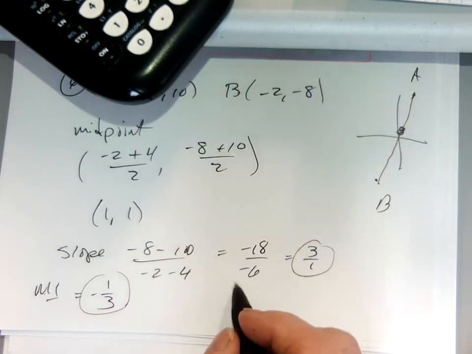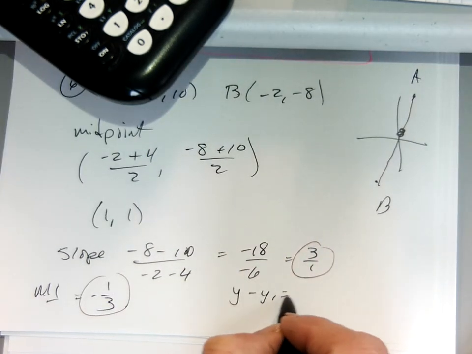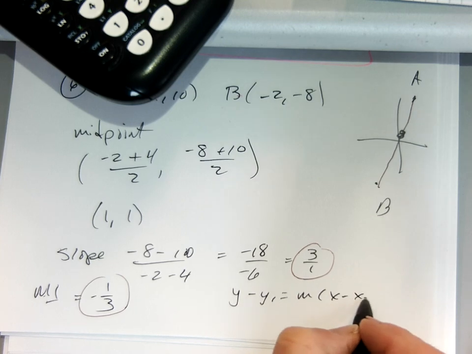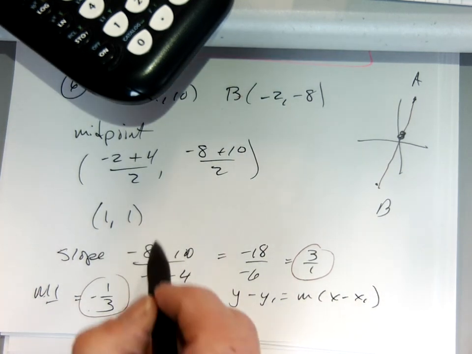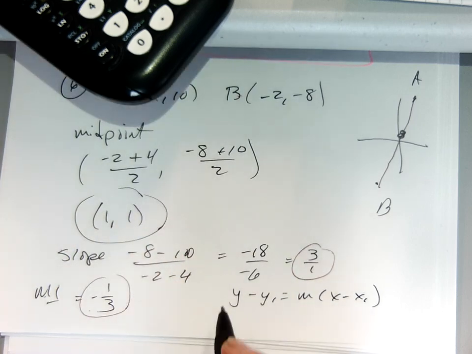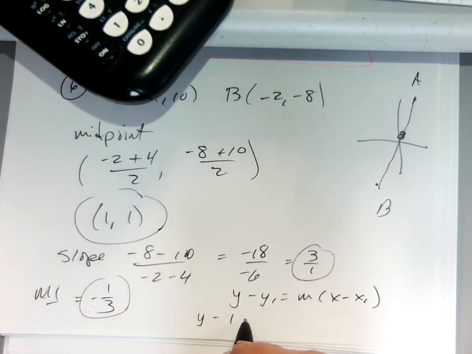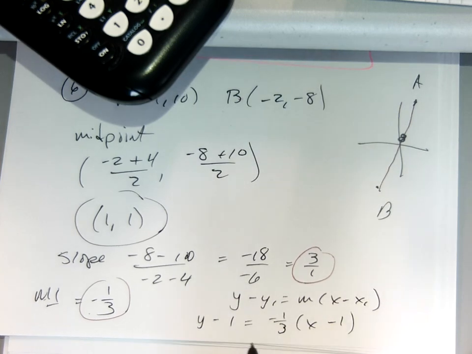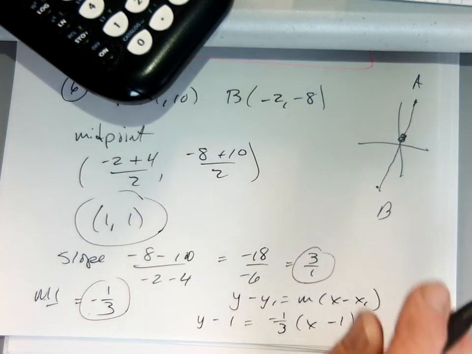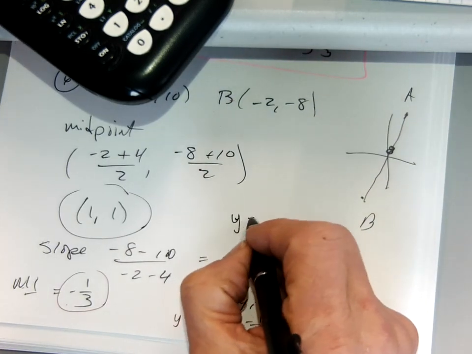Boy, I got to squeeze it in. Y minus y1 equals m times x minus x1, knowing that the slope I need is the negative 1/3 and the midpoint, I need both of these. So I'll go y minus 1 equals a negative 1/3 times an x minus 1. I'm running out of room, doggone it. I'll have a y equals, squeeze it up here.